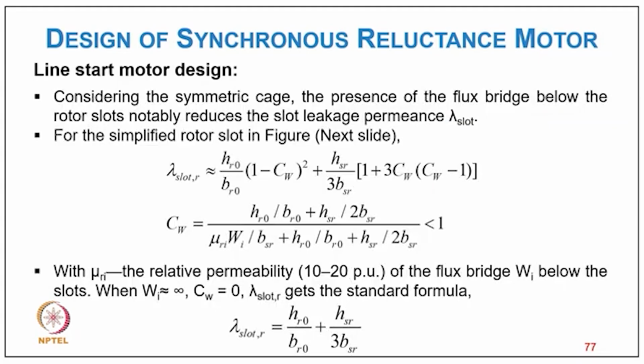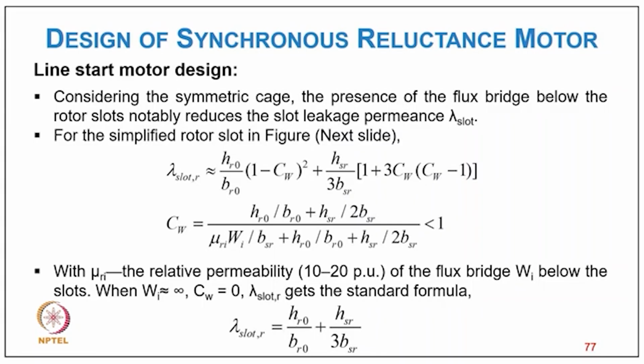So considering the symmetric cage, the presence of the flux bridges below the rotor slots notably reduces the slot leakage permeance lambda slot, and for the simplified rotor slot, lambda slot R equal to HR0 upon BR0 in bracket 1 minus CW square plus HSR upon 3BR in bracket 1 plus 3 CW multiplied by CW minus 1 in bracket, and CW equal to HR0 upon BR0 plus HSR upon 2 BSR divided by mu RI WI upon BSR plus HR0 upon BR0 plus HSR upon 2 BSR, where mu RI is the relative permeability, 10 to 20 per inch, of the flux linkage bridge WI below the slot.